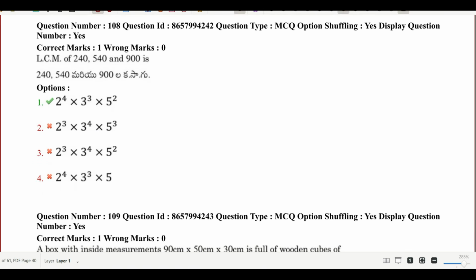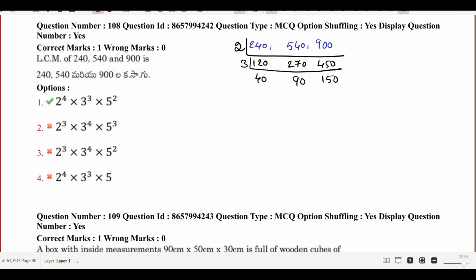LCM of 240, 540, 900. We are asked to find the LCM of 240, 540 and 900. To do that, I'm going with the prime factorization method. 2 120s, 2 70s, 2 450s. Then afterwards we can go ahead with the 3 table. 3 40s, 3 9s, next 3 150s, again the 3 table.